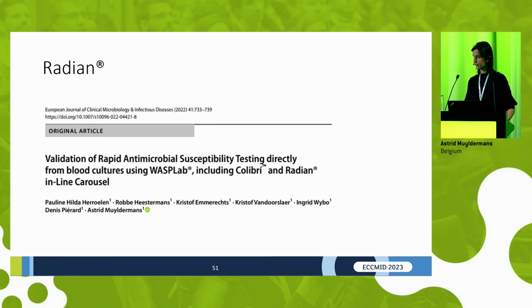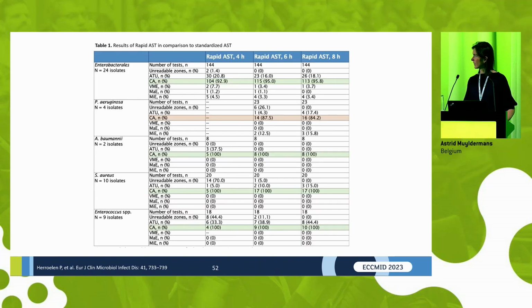We evaluated the rapid AST performed by Radian by comparing 49 clinical isolates to the standardized disk diffusion method. As you can see, we observed a very good categorical agreement exceeding 90% for all groups at all time points, except for Pseudomonas aeruginosa, but there we included only 4 isolates.